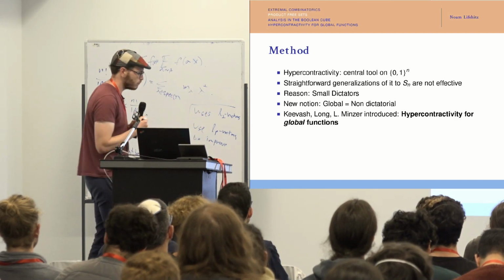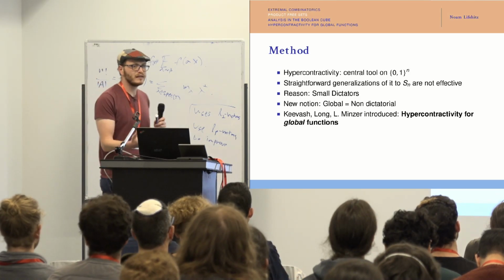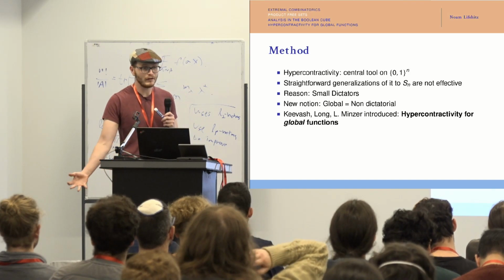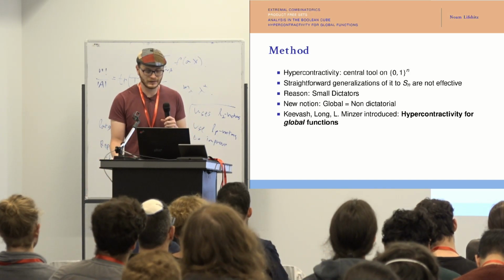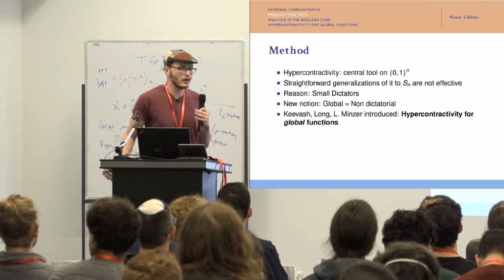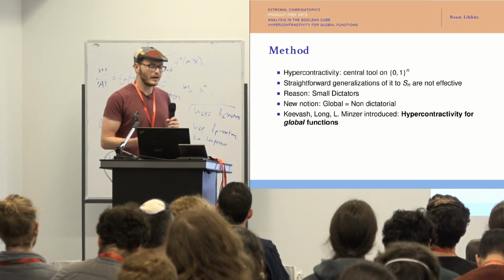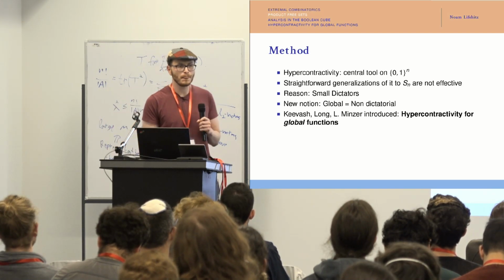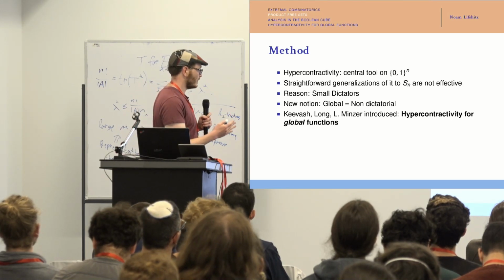If you look at the Boolean cube, you have the function f(x) equal to x_i. This has expectation 1/2. On the other hand, on permutations, you can take the analogous function that outputs 1 when the permutation sends 1 to 1. This has expectation 1/n. And that's the reason why everything fails for the symmetric group.